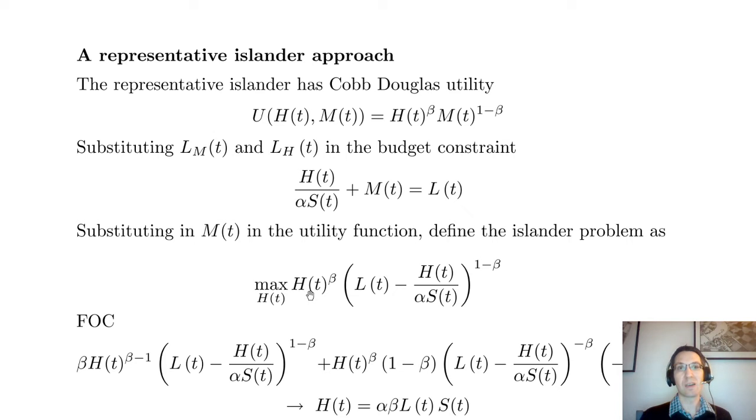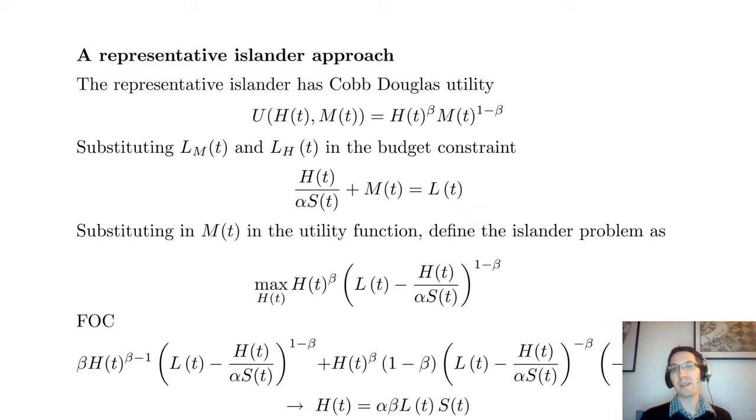Then plus h^beta, that's here, times the derivative of this term here, which is 1 minus beta, parenthesis, minus beta, multiplied by the content of the parenthesis. So l doesn't change, and I get here minus 1 over alpha s_t. That's the first order condition, so the first derivative of the utility with respect to h has to be equal to 0. Well, I don't put the second derivative. Feel free to do it if you want.